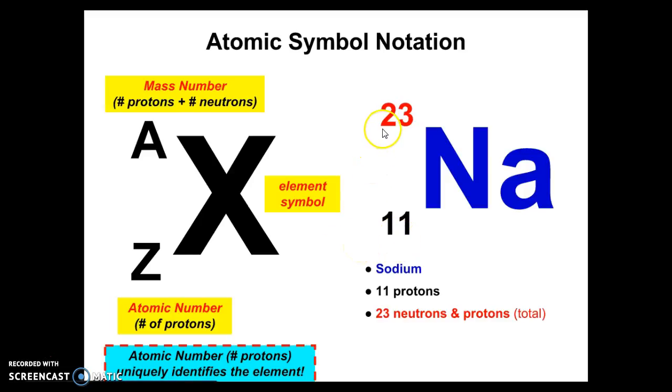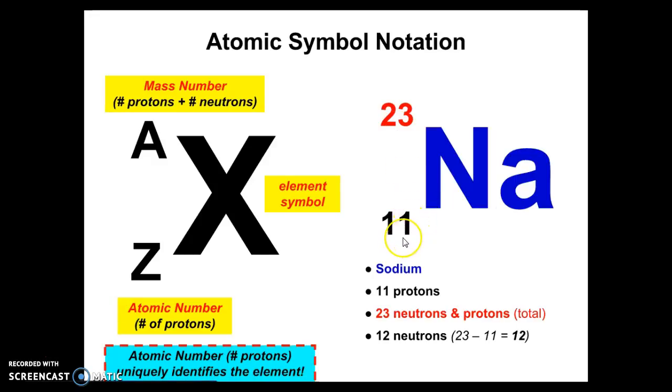It has 23 neutrons and protons total because its mass number is 23. And it's got 12 neutrons because we can just take the total of neutrons and protons, subtract the protons, that's 23 minus 11, to get 12 neutrons. So this particular atom of sodium has 11 protons and 12 neutrons, giving it a mass number of 23.